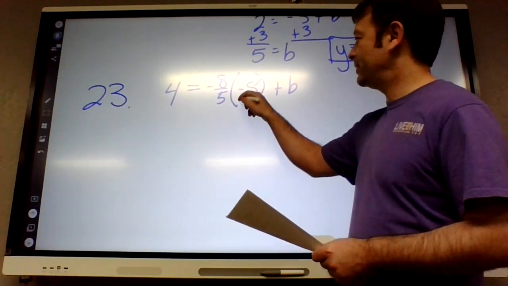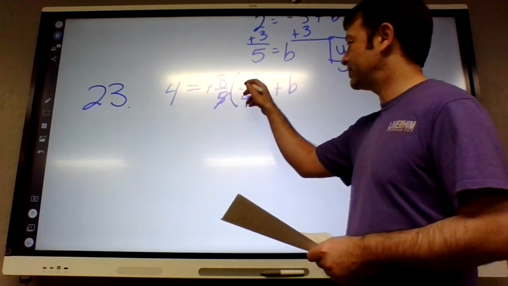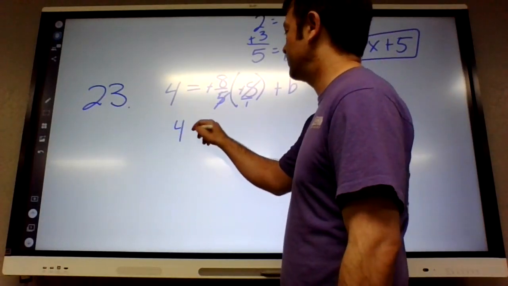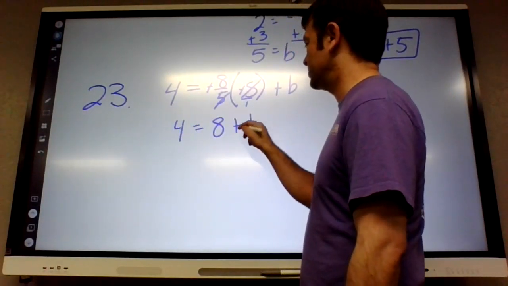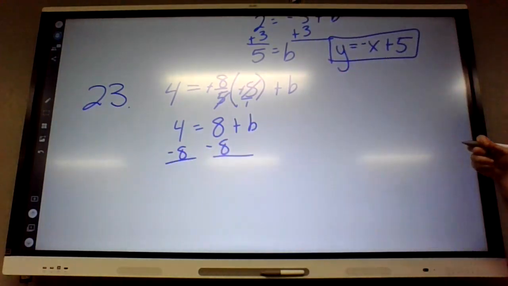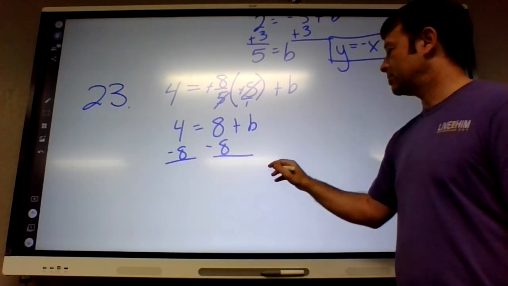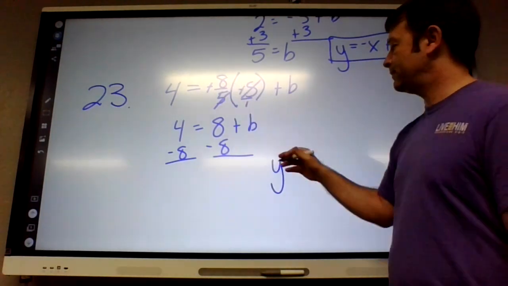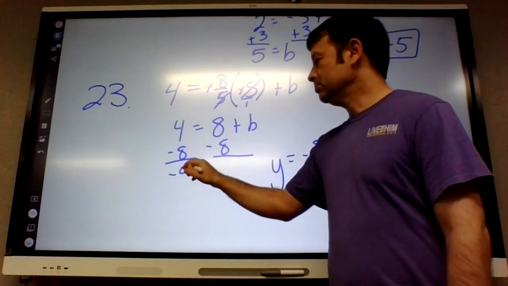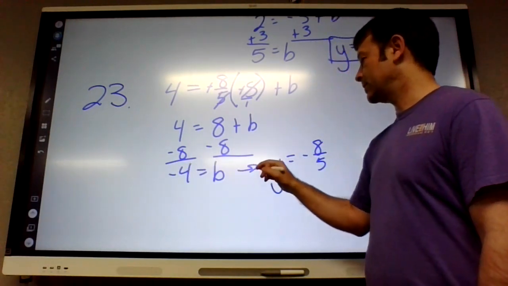The negatives cancel out, the 5's cancel out. It's 8. So 4 minus 8. So the slope was -8/5. And b is -4.